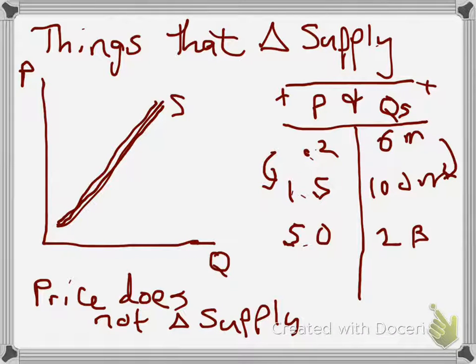The line does not shift. When we graph a function, let's say we had a function 3x equals y.